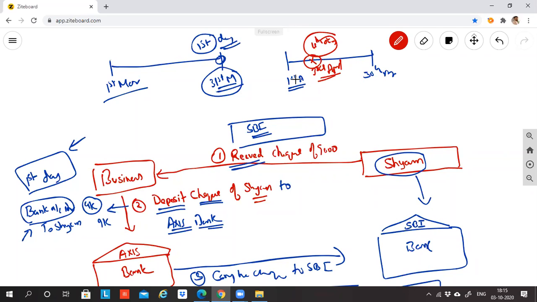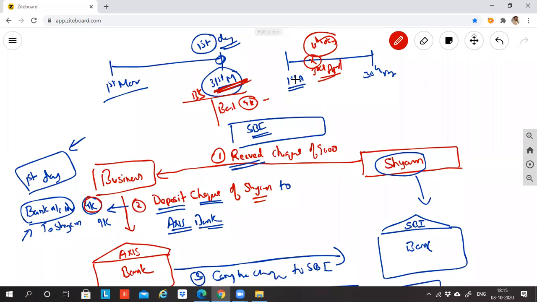Now, can I say that as on 31st March, you are closing the books of accounts, guys? The accounting process is stopped by 31st March. On 31st March, you will calculate your profit and loss account and prepare the balance sheet as on 31st March. So when you prepare the balance sheet, you have something called bank account. In that bank account, you will mention that this 9,000 is received. So in the balance sheet, the bank account will show 9,000 rupees received.